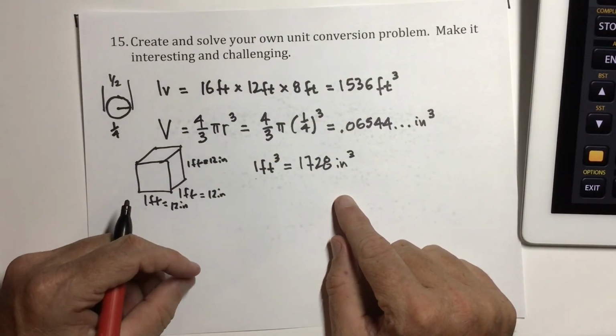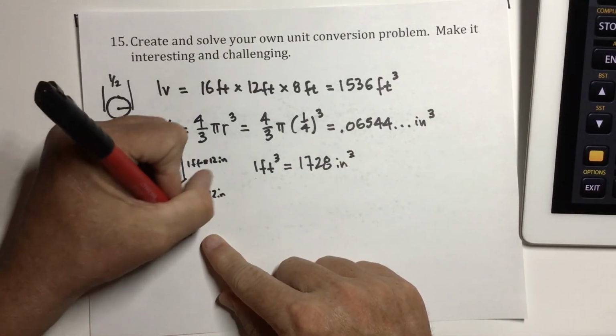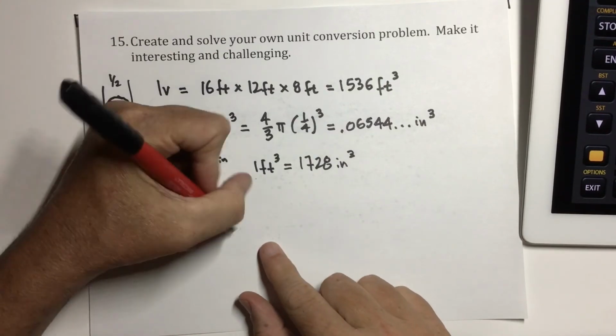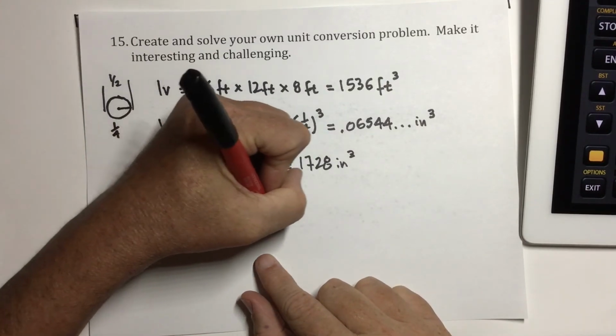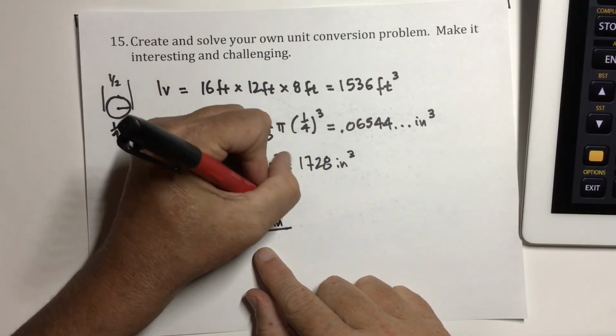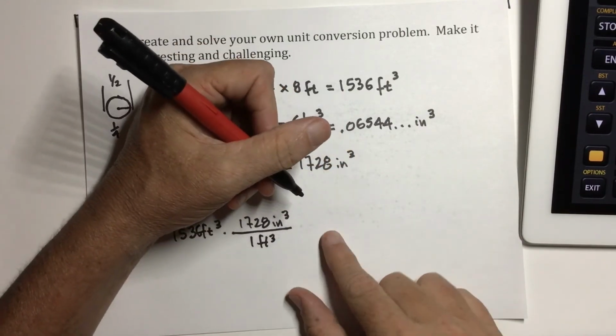Okay, so I think I'm finally ready to go. I have 1,536 cubic feet. I'm going to convert that to cubic inches, so 1,728 cubic inches per 1 cubic foot.